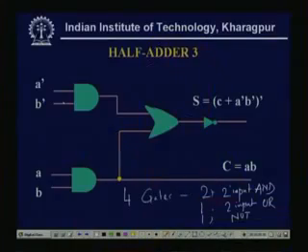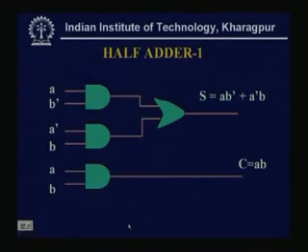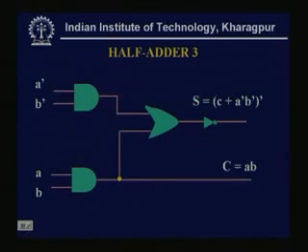So with this type of realization the number of gates is very much reduced, and these are only 4 basic gates, whereas in the previous design, again there were 4 gates, but of a different type. Here we have used one inverter, AND gates, and one OR gate, so one AND gate we have reduced.